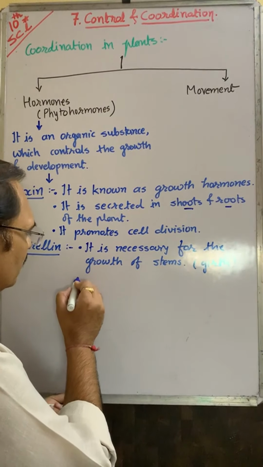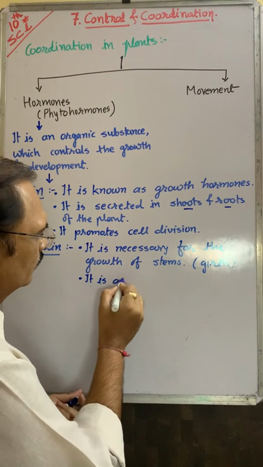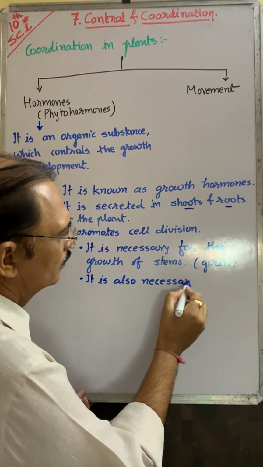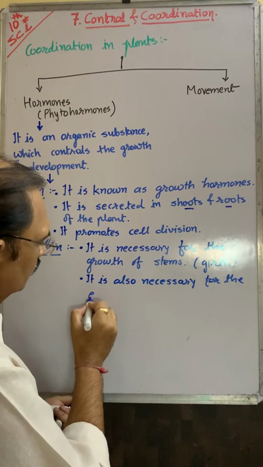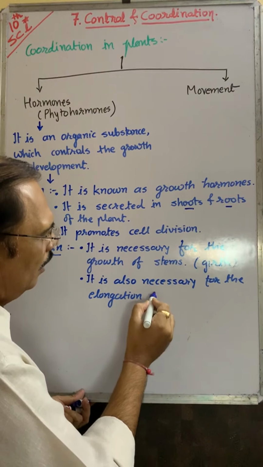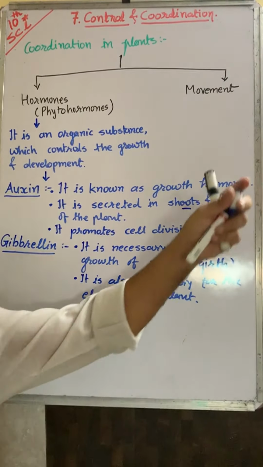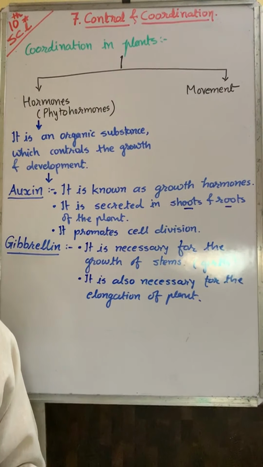It is also necessary for the elongation of plant. Elongation of plant means spreadness of plant. How much plant spreaded. Okay, this is because of gibberellin.